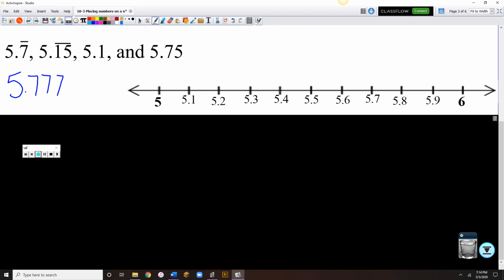So it's not 5.70, there's another 7 after it. That means it should be pretty close to the 5.8. Not on the 5.8, we're not rounding, okay? 5.7 repeating.